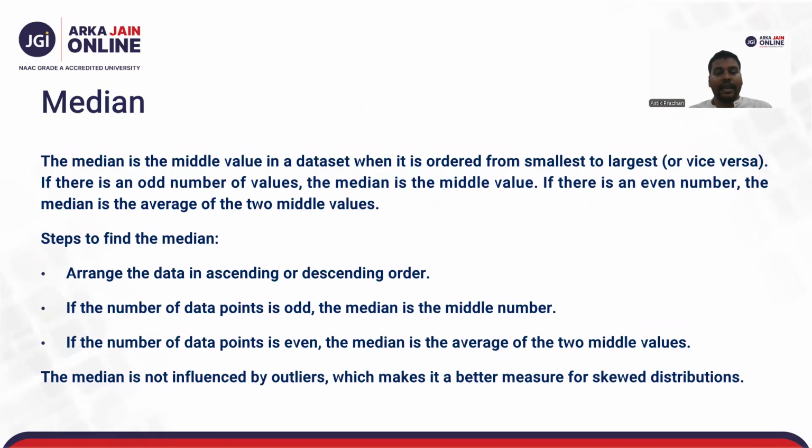If the number of data points is even, the median is the average of the two middle values. The median is not influenced by outliers, which makes it a better measure for skewed distributions.